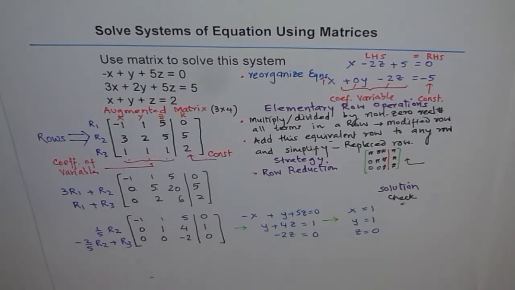Now when you do these operations on a row, then it can be added to the row which you need to modify. That is important. We needed to modify R3, right? So we added R3 with our operations on the other row. For example, we did 3 times R1 and added it to R2. So when you're trying to add, avoid doing any operation on the row which is being modified.